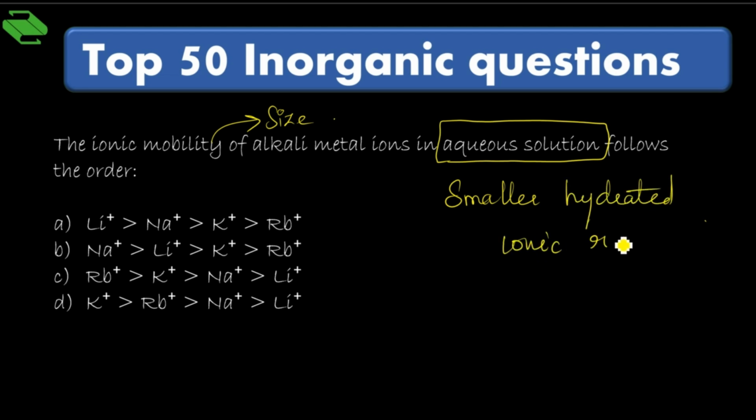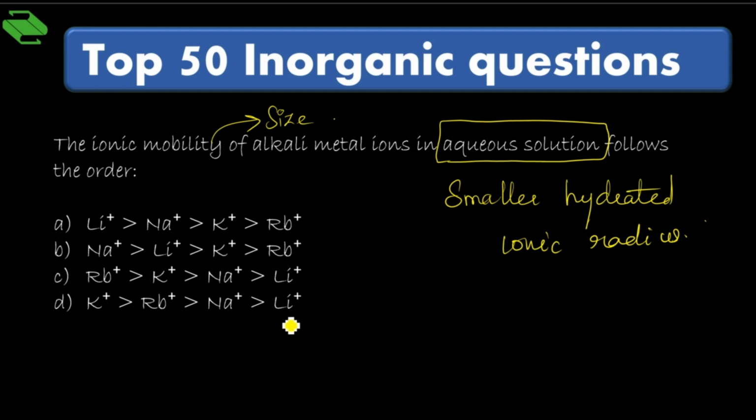A smaller hydrated ionic radius leads to more ionic mobility. Here you can see lithium is smaller in size, but while it is undergoing hydration, while it is connected with the water, this ion forms a greater hydration, which means the hydrated radius will become larger.